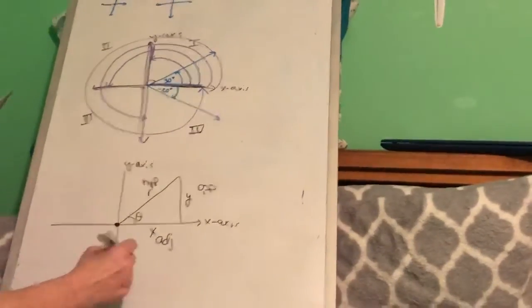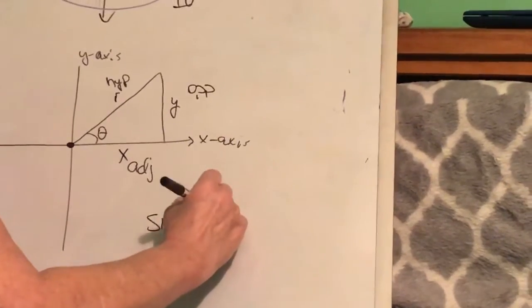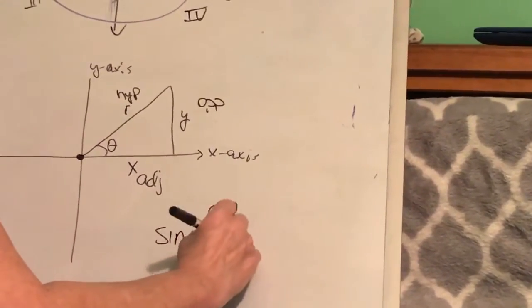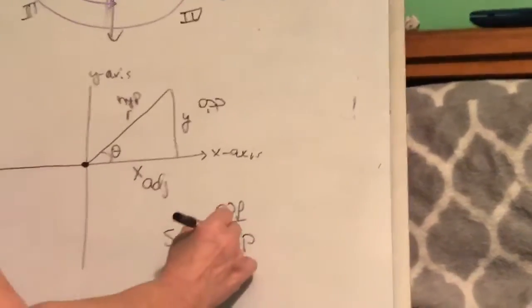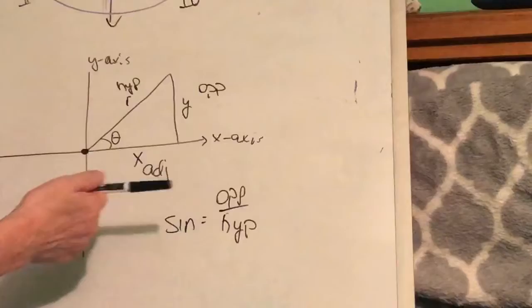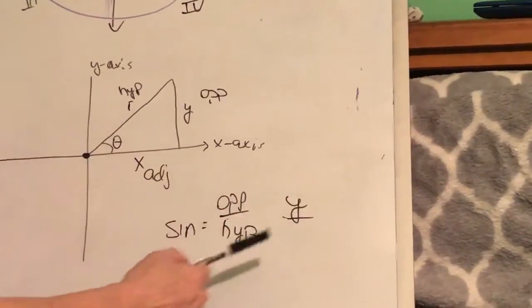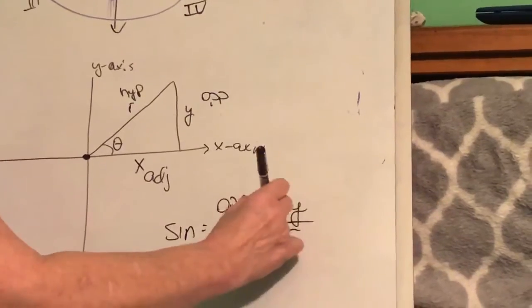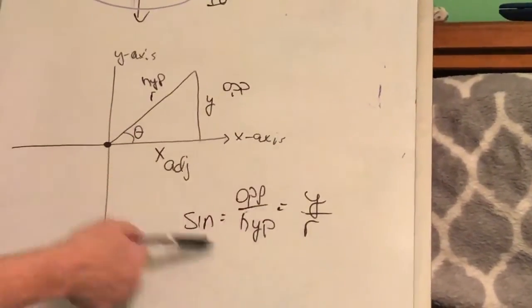So in this particular section, instead of referring to sine as opposite over hypotenuse, I'm actually talking about y over r. Nothing's really changed. It's still the same ratio, but this is important.